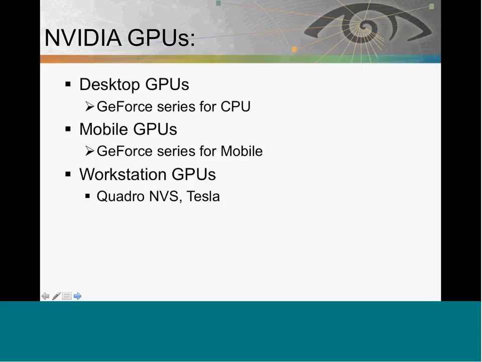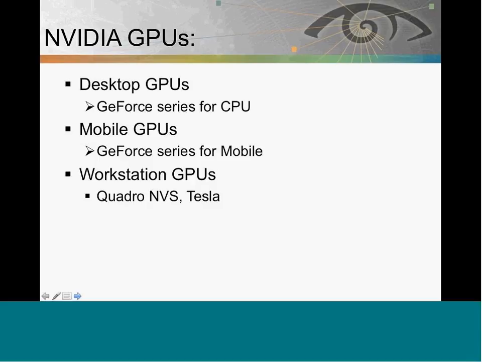So NVIDIA has three different categories for their GPU products. One is called desktop GPUs, another is called mobile GPUs, and the third is workstation, mostly the high performance GPUs. The GeForce series is for desktop and mobile, and they have Quadro and Tesla series for workstation.